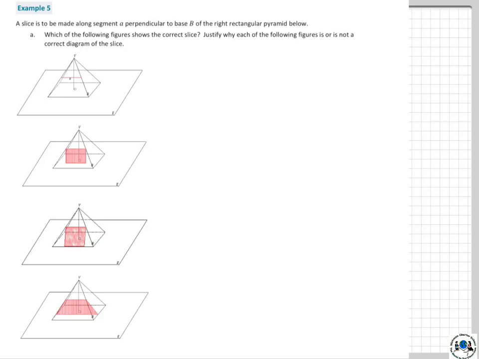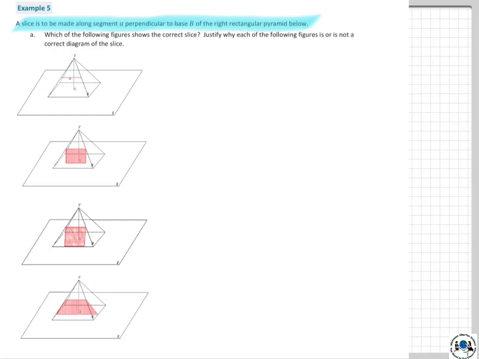Okay, so here, a slice is to be made along segment A, perpendicular to base B of the right rectangular pyramid below. Okay? And now question A asks us, which of the following figures shows the correct slice?